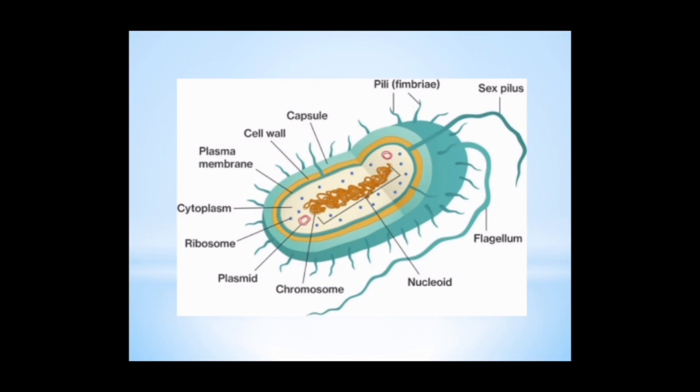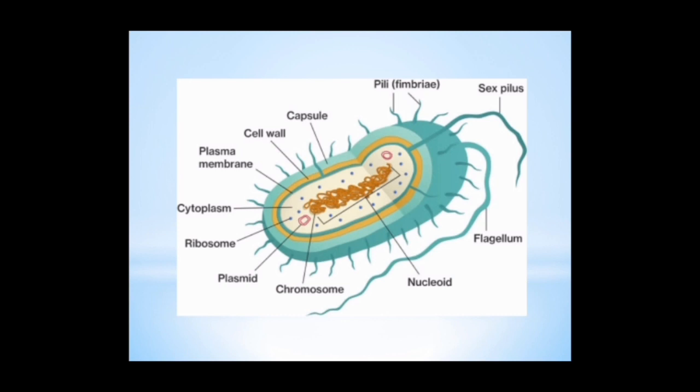Without pili, many disease-causing bacteria lose their ability to infect because they're unable to attach to host tissue. Specialized pili are used for conjugation, during which two bacteria exchange fragments of plasmid DNA.